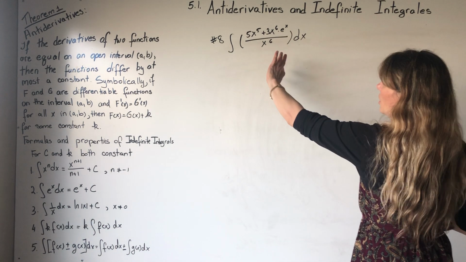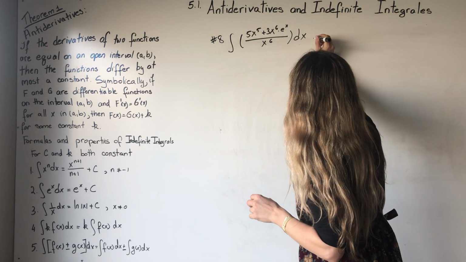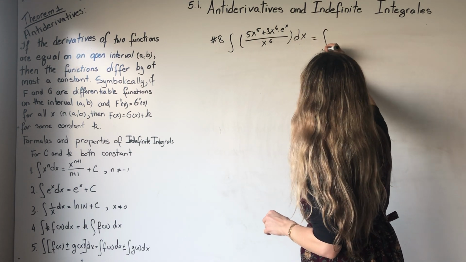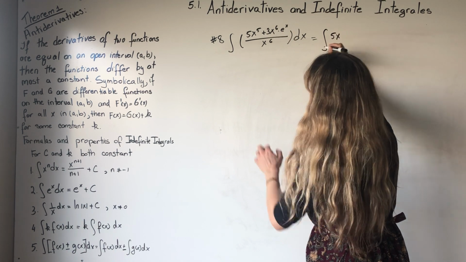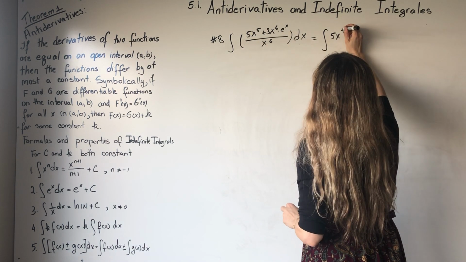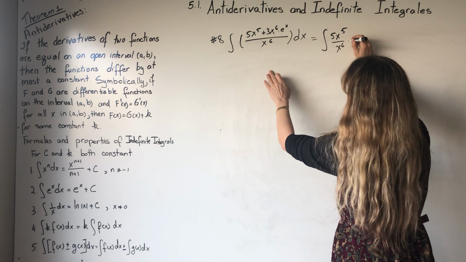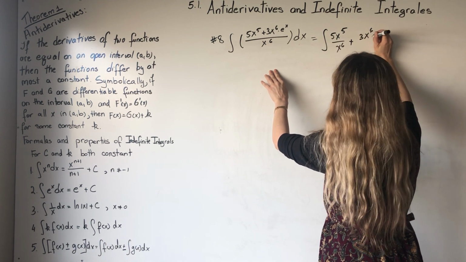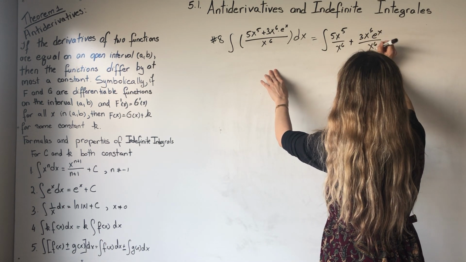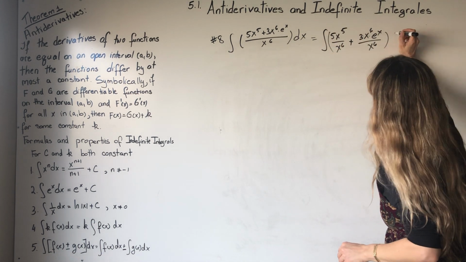Once again, we'll do the same thing. We'll separate them and divide by this x to the 6th, so it will be much easier to solve. So we have the integral of 5x to the 5th over x to the 6th, so you have no question where these numbers are coming from, plus 3x to the 6th e to the x over x to the 6th, dx.